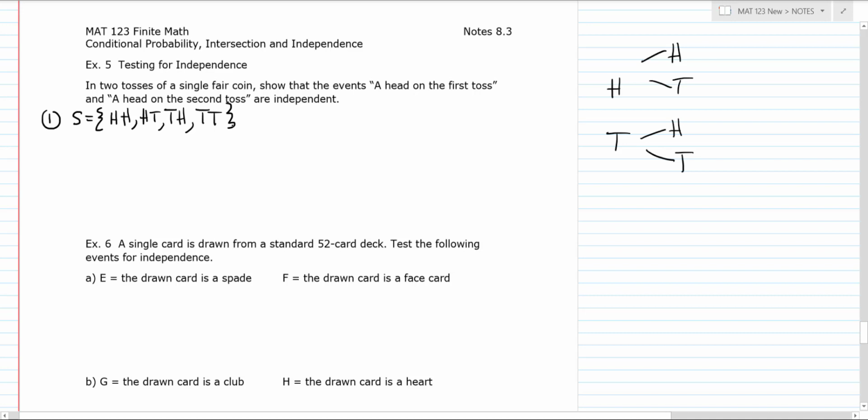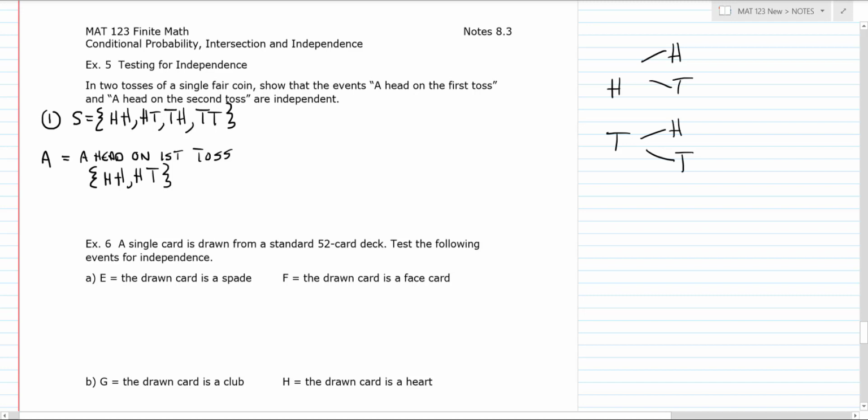Okay, so anyway, what are the 2 events? The first event we're going to call A. That would be you get a head on the first toss. So let's list out what that is. If we get a head on the first toss, out of this sample space, it would either be head, head, or head, tail. So that would be the 2 events of getting a head on the first toss.